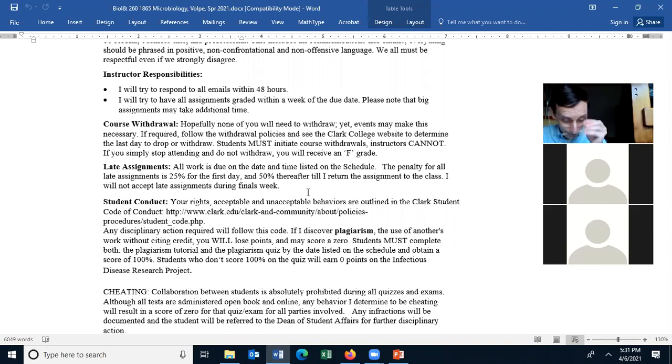So on some assignments, mostly lab assignments, I may post the answers, and if I post the answers and you turn it in late, I will not accept it. There's very few assignments that I post the answers, but if I do post the answers, I will not accept late assignments after I post the answers. If you turn it in late before I post the answers, I will accept it.